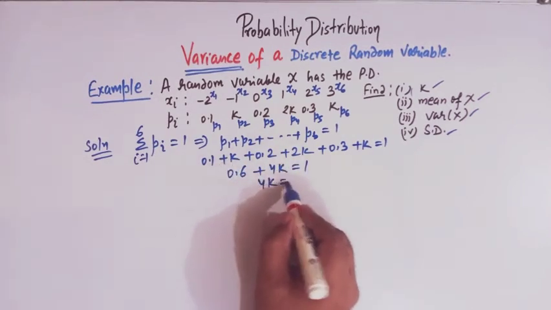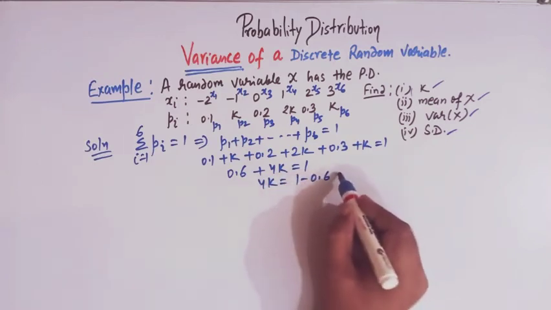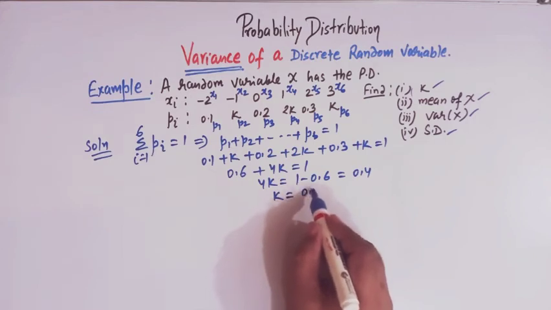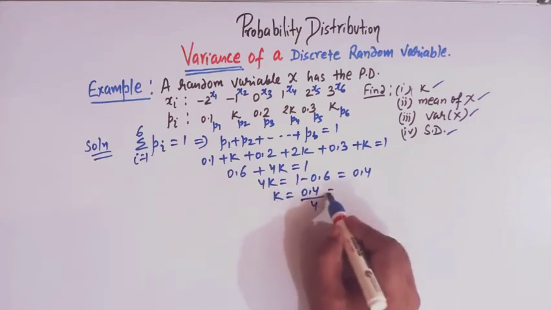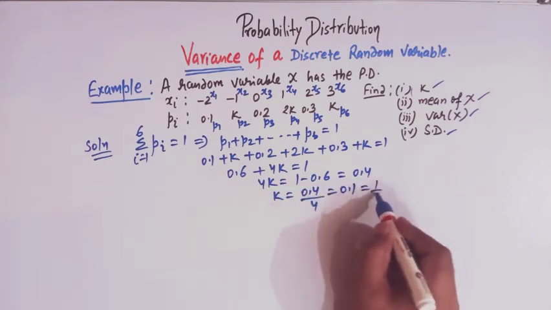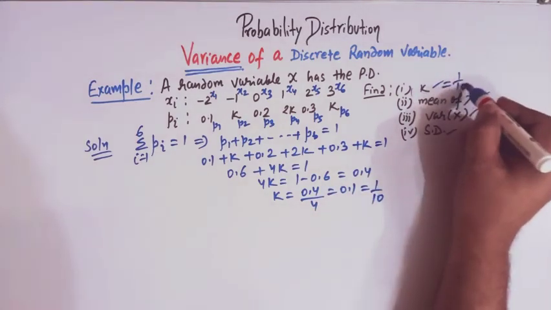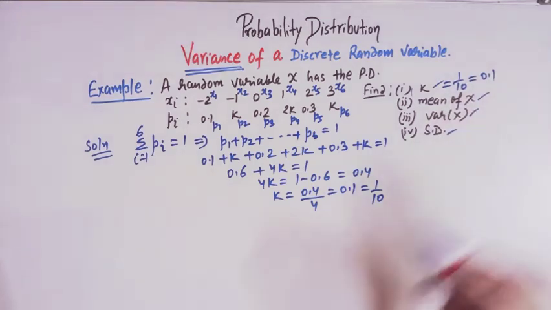So 4k is 1 minus 0.6, that is 0.4, and k is 0.4 divided by 4, that is 0.1, which is equal to 1 by 10. So the value of k is 1 by 10, or 0.1.